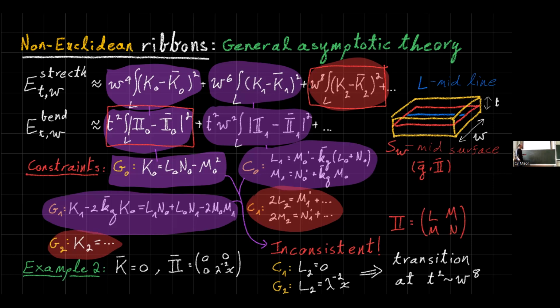In some you see that the competition is between things like, say, this term and this term, but this term is always w to the 4th, for example, is always larger than t squared w squared because t is much smaller than w. And if you have a competition that goes like this, then there is no shape transition. So you get a variety of things with the Kodazzi incompatibilities.